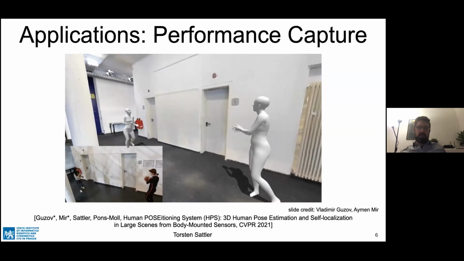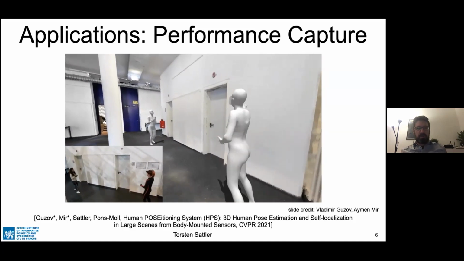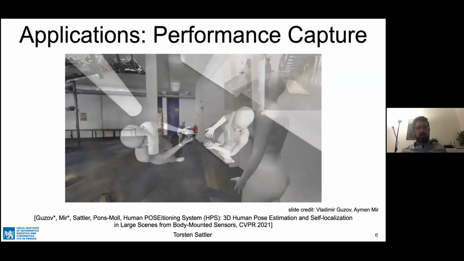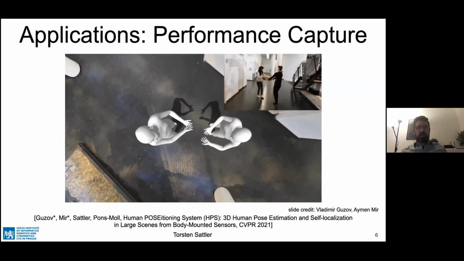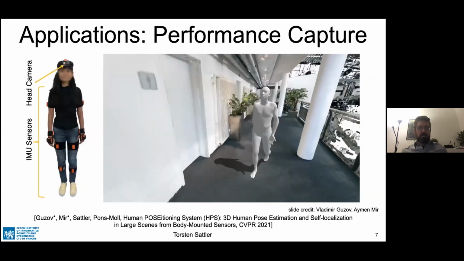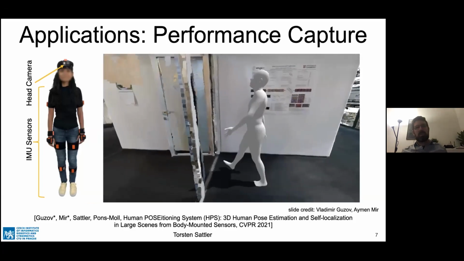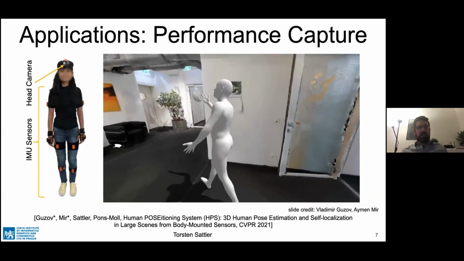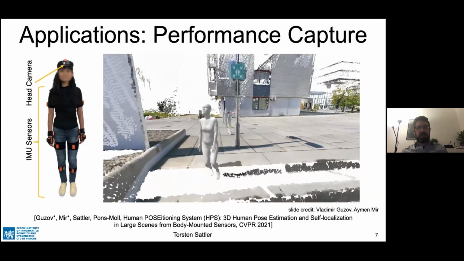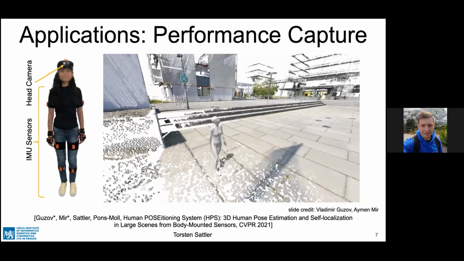And this is a paper that Joseph mentioned that was shortlisted for Best Paper Award at CIIRC, where we are trying to track the body motion of a user in a scene. The way that this is done is that we are having a head-mounted camera, which we use to figure out where the user is in the scene. And then we have IMU sensors that tell us about the location of the joints of the body, which gives us the human pose.